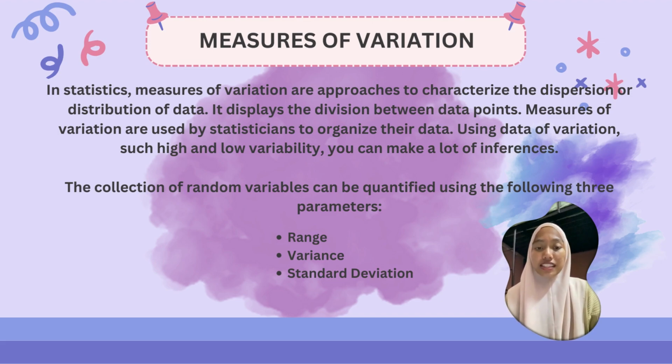In statistics, measures of variation are approaches to characterize the distribution or spread of data. It displays the division between data points. Measures of variation are used by statisticians to organize their data, using such measures as high and low variability.